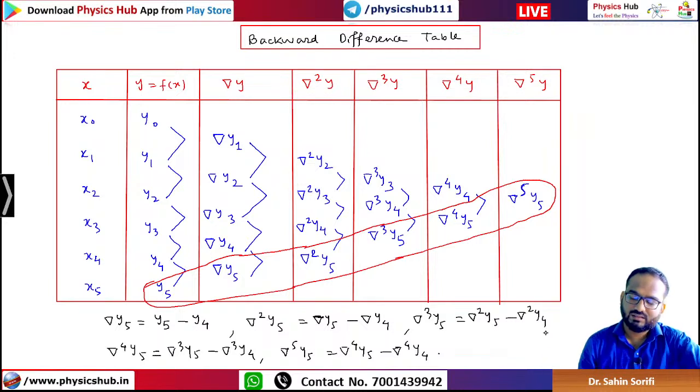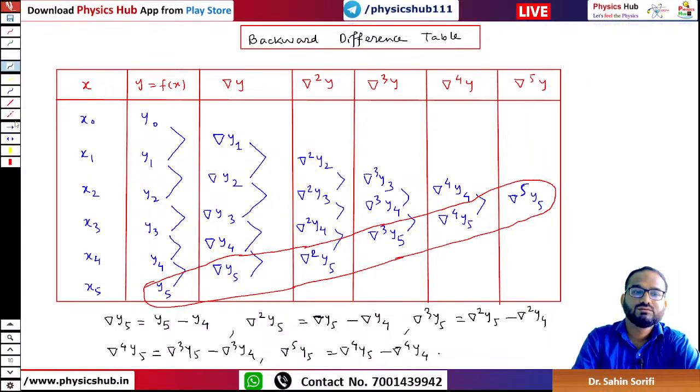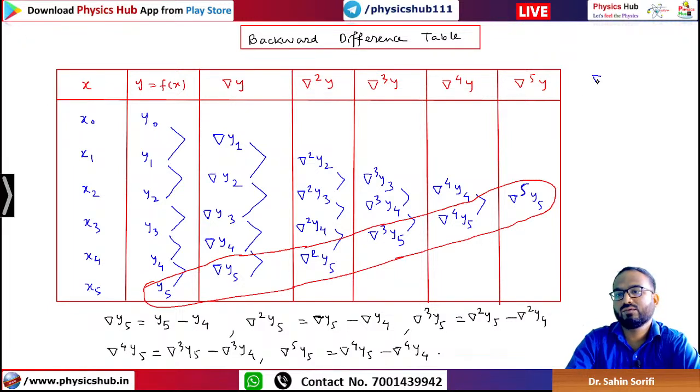Is this nabla? No, not exactly the same. Here it is denoted, it is used to denote the difference. Nabla is the backward difference, and in contrast, this delta is the forward difference.